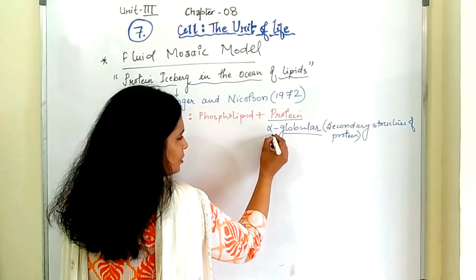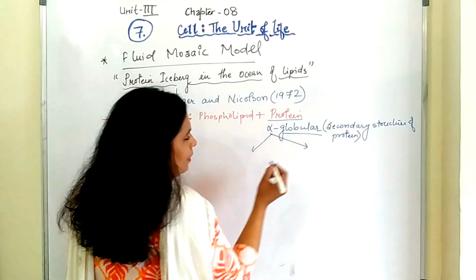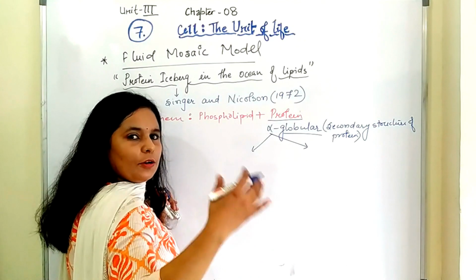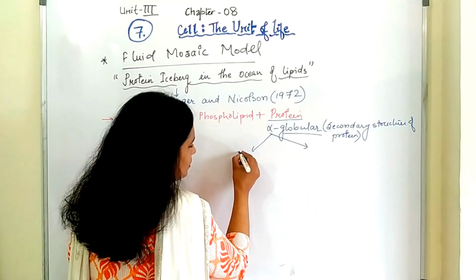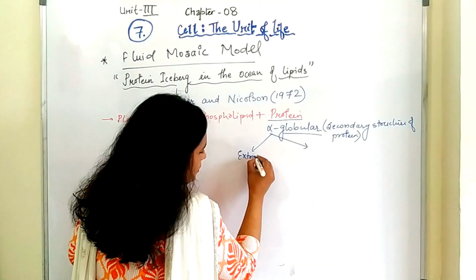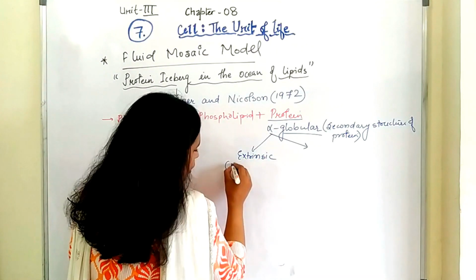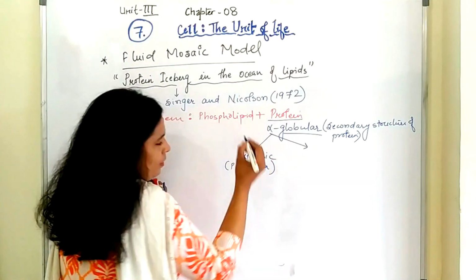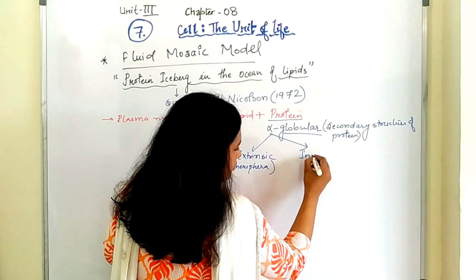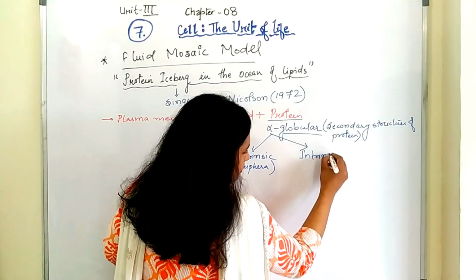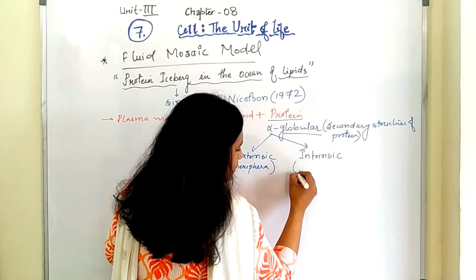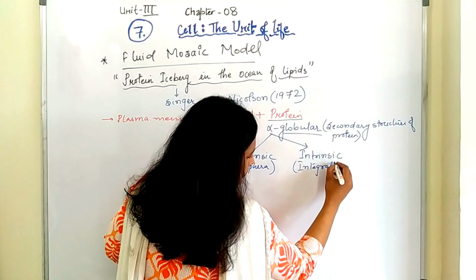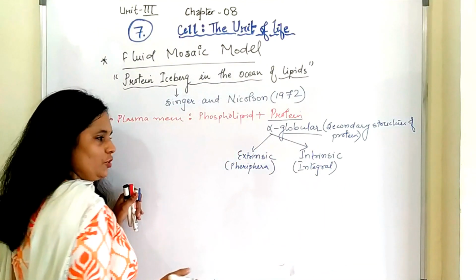Now the proteins present in the plasma membrane are of two types according to their position. Number one is extrinsic, which you can also call peripheral. Another one is intrinsic, or you can call it integral protein.